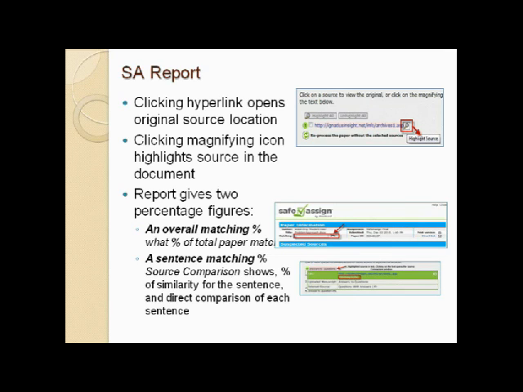Remember that the report will give you two percentage figures. The first is an overall percentage matching against the total paper, and the second is a sentence matching percent that shows you the source comparison and the percent of similarity for that sentence and the direct comparison of both the uploaded paper and the internet source.